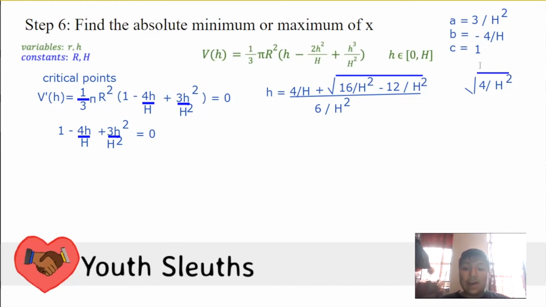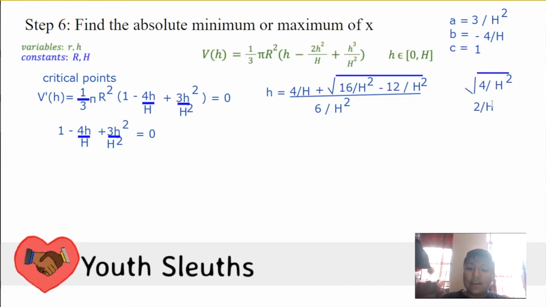Now that we have that, we're lucky enough to get a square root that could be easily simplified. The square root of this would be 2 over H. The reason is that if we multiply 2 over big H times 2 over big H, we get 4 over big H squared, which happens to be what we had here.